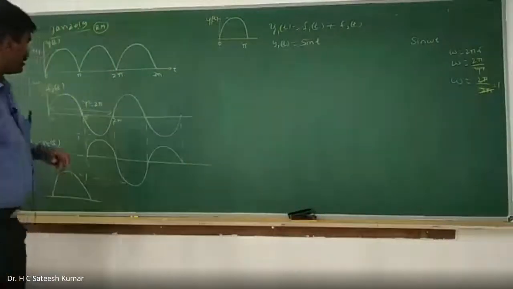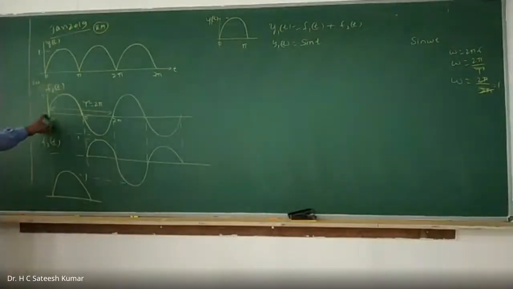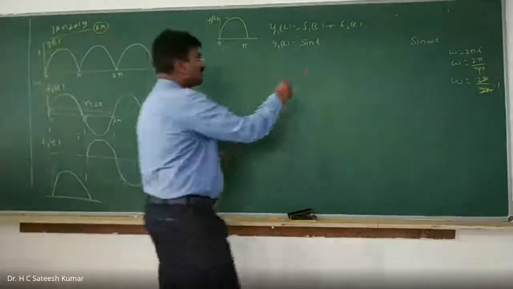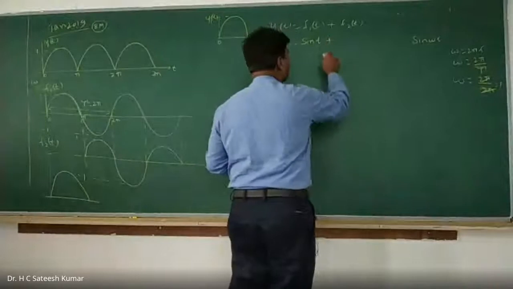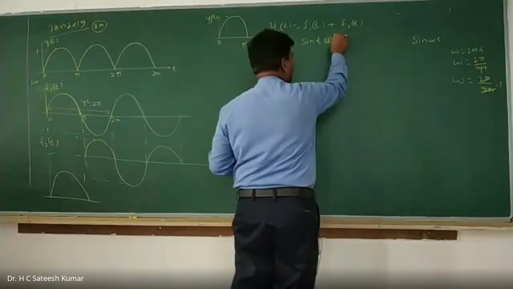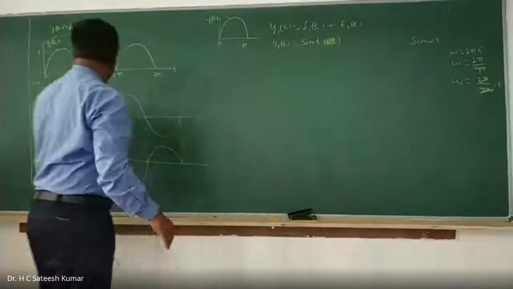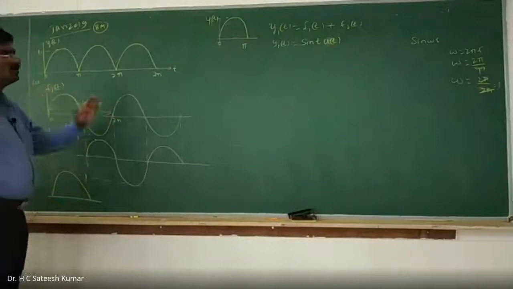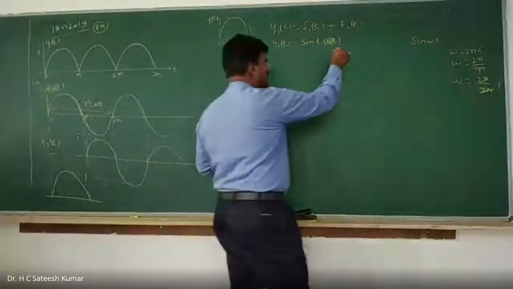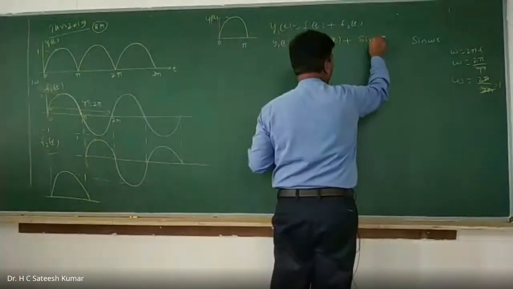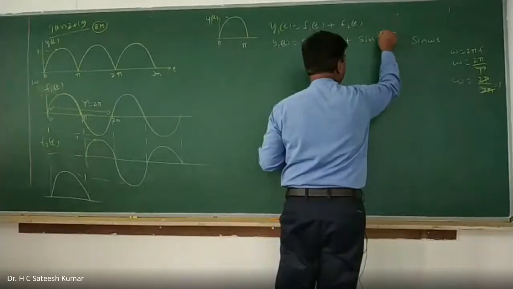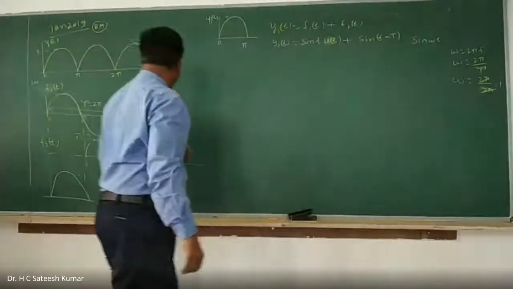Now sin omega t is shifted right by an amount equal to t units. What is pi units? Therefore you can write it plus sin t into u of t, only for positive value. Plus sin of t minus t, shifted right by an amount equal to a certain period.